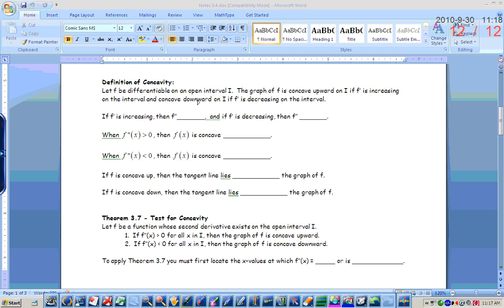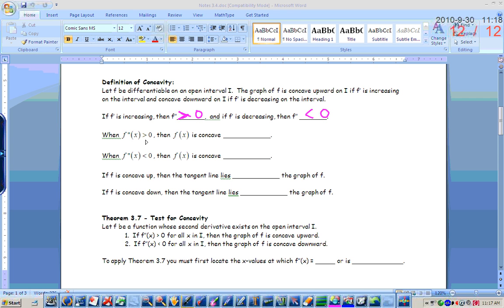Anytime something is increasing, its derivative is always positive. So if f prime is increasing, then f double prime is greater than 0. And if f prime is decreasing, then f double prime is less than 0.